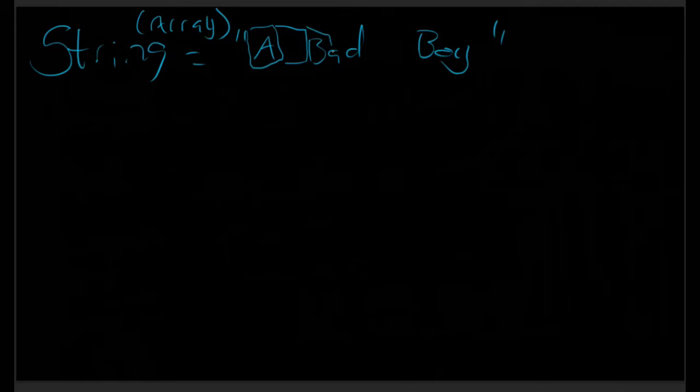One that's a space, one that's a B, one that's an A, one that's a D, one that's another space, one that's a B, one that's an O, one that's a Y, right? So it's actually an array of chars. And that's what a string is. And this makes it so we can say, in quotes, this is the value, this is the sentence or phrase I want you to have. And the computer will automatically say, okay, each of these is actually a thing.